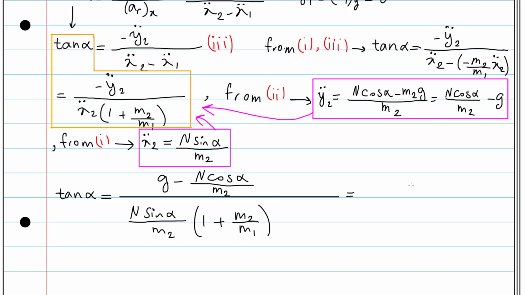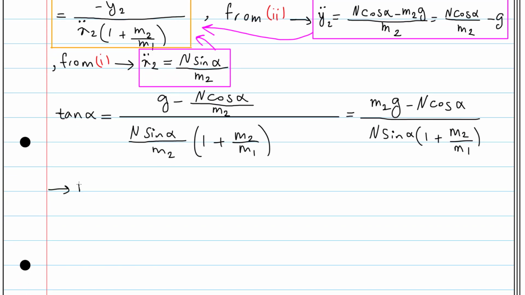And we multiply the numerator and the denominator by m2 to get m2 g minus n cosine alpha divided by n sine alpha times 1 plus m2 over m1.